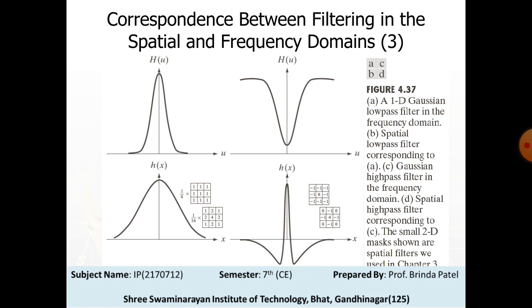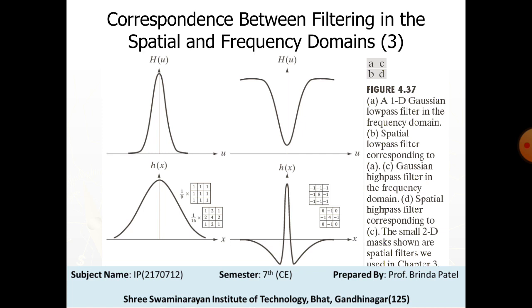The key similarity between the two filters is that all their values are positive. So we conclude that we can implement low pass filtering in the spatial domain by using a mask with all positive coefficients. For reference, figure B shows two of the masks discussed in this section.